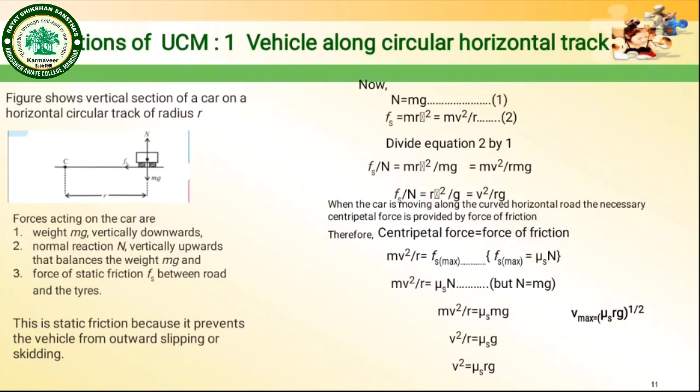We know that Fs is equal to mu s N. Therefore, mv square upon r is equal to mu s N. But we know that N is equal to mg. Putting this value in the above equation, we get mv square upon r is equal to mu s mg.